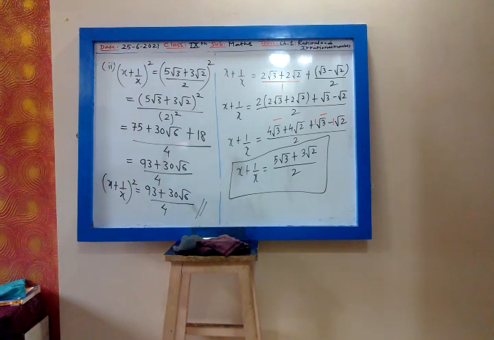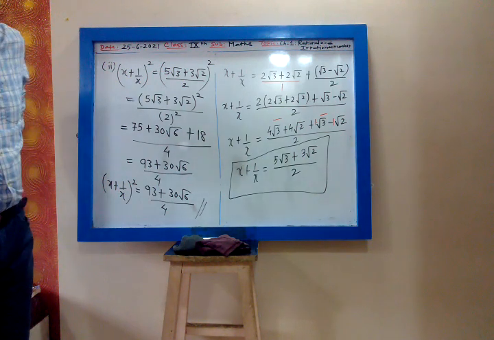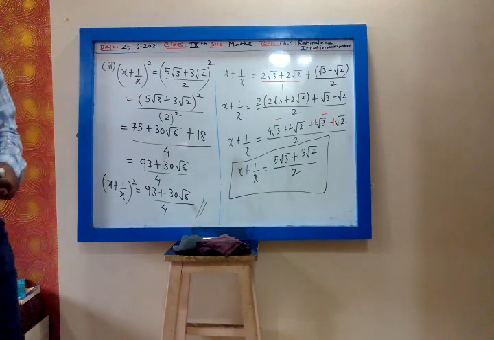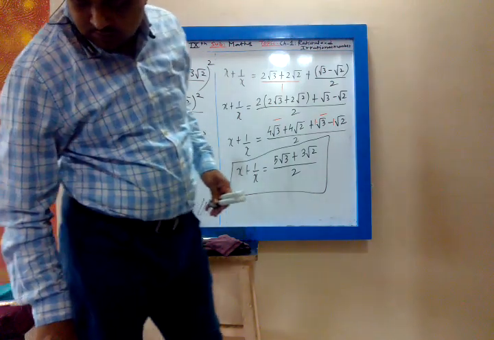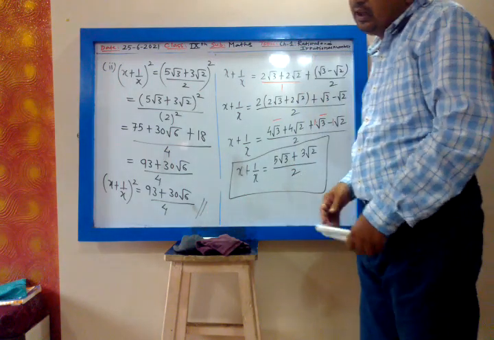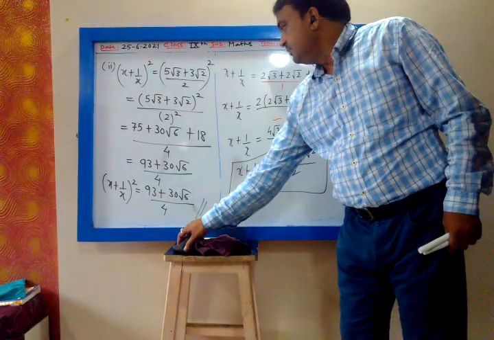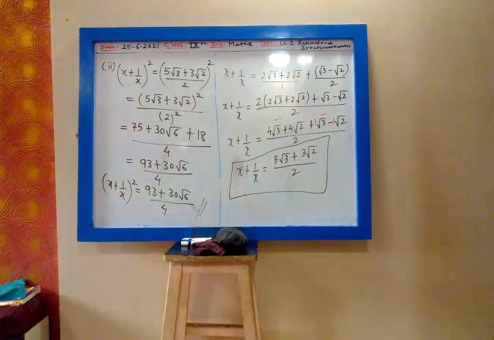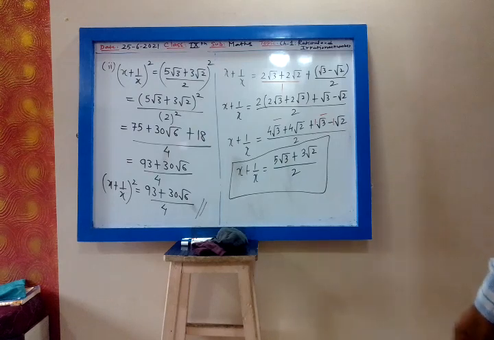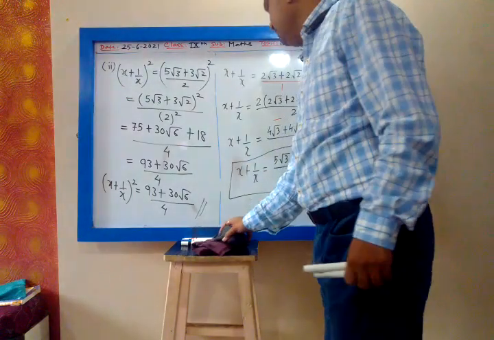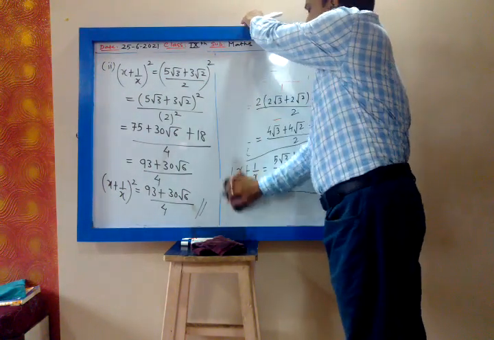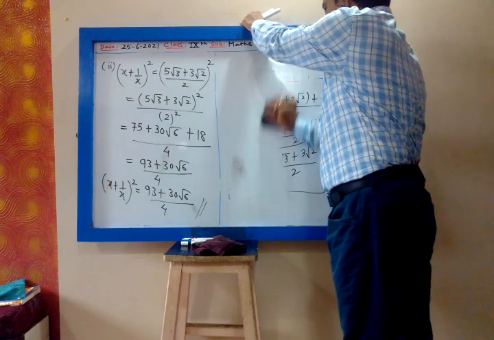Now, ninth one. Is it clear this part? To find 1 upon x, we take the reciprocal and then we rationalize the denominator.